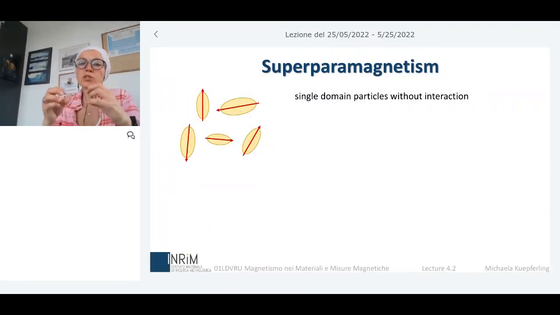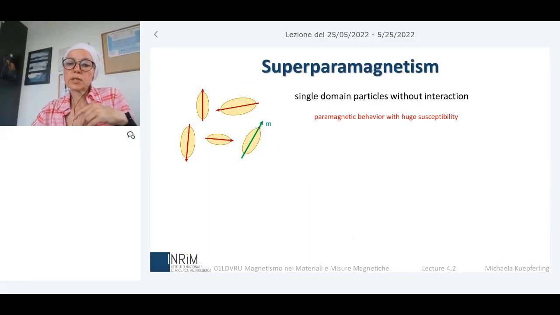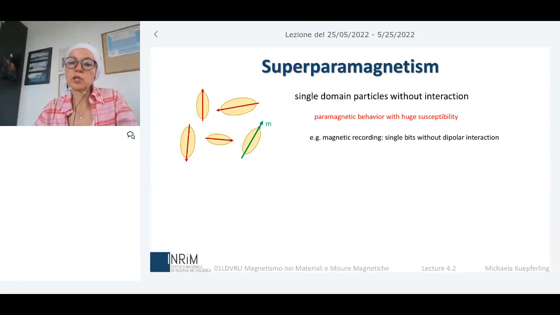So let's imagine that they are not that close, that they are a bit far away from each other. In this way, this material will behave as a paramagnet with huge single magnetic moments. So this is superparamagnetism with a huge susceptibility.